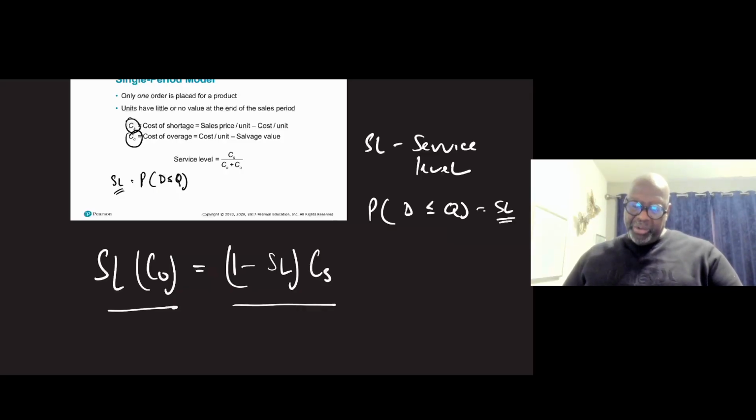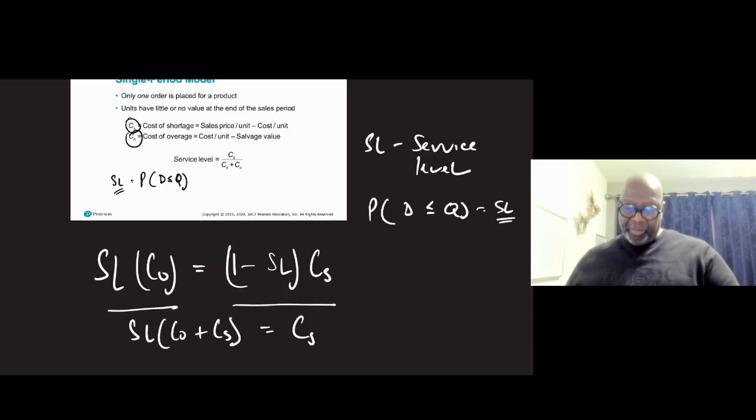If we rearrange this formula, we will get SL times (CO plus CS) is equal to CS. In case you're not sure, you could do the mathematics. I'm multiplying CS by 1, I'm multiplying CS by SL, and then I'm collecting all of the variables that have SL in them. So you will have SL·CS and SL·CO.